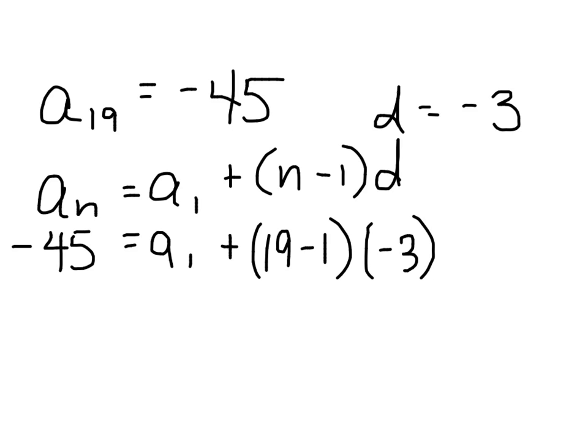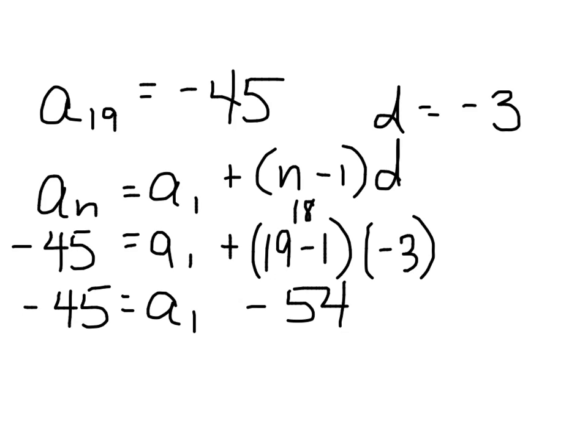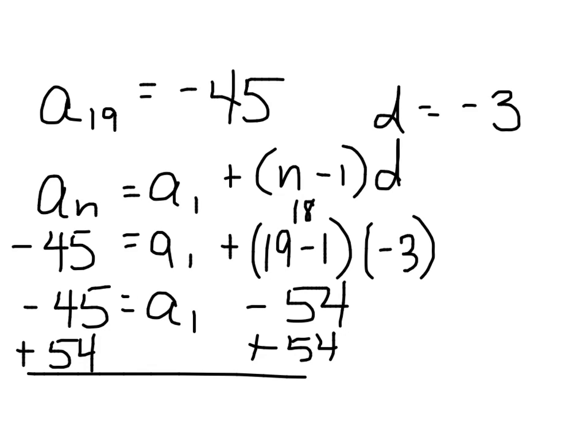Negative 54. So again, what I did first was I took 18 and then I multiplied it by negative 3. Now, how would I solve for a1? What's negative 45 plus 54?